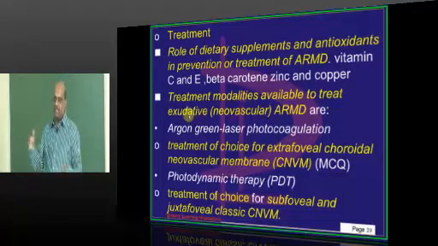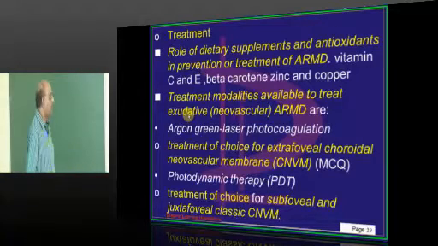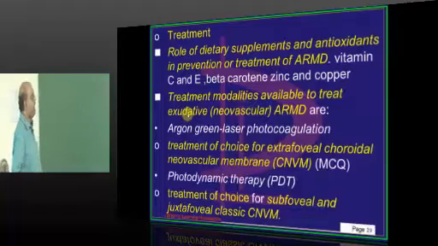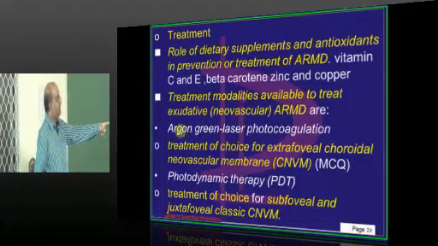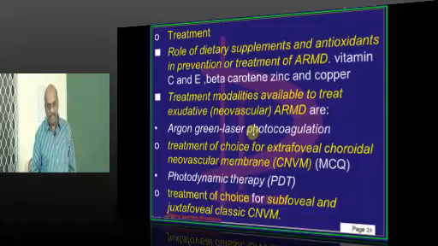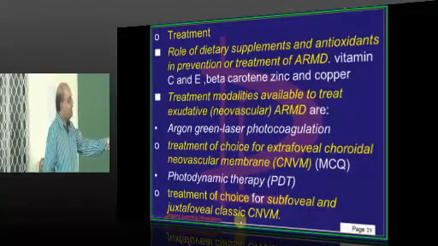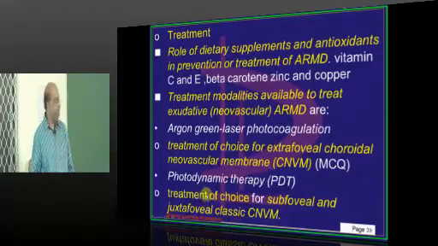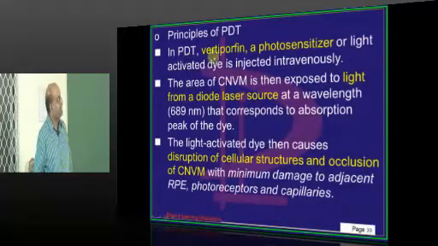There are subclasses based on the location where the degeneration is. So if it is an extrafoveal choroidal neovascular membrane, then argon green laser photocoagulation is the treatment of choice. Subfoveal or juxtafoveal choroidal neovascular membrane, then photodynamic therapy is the treatment of choice.